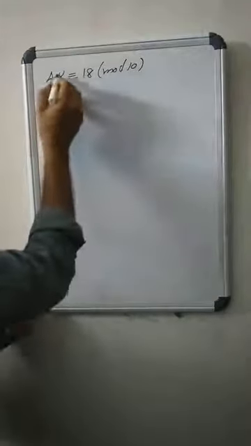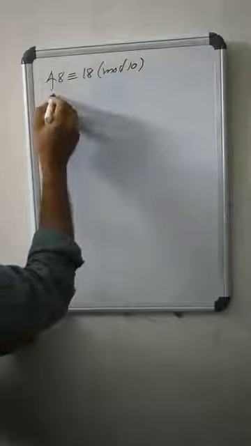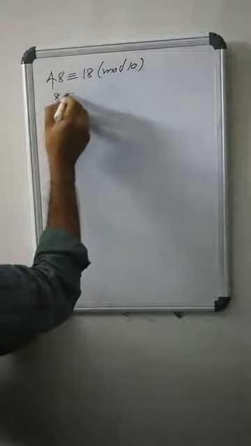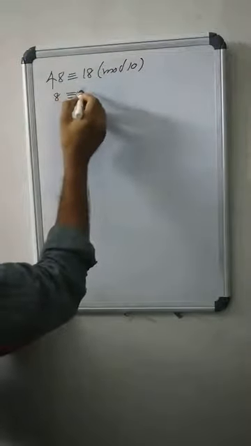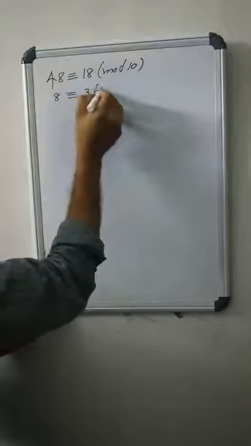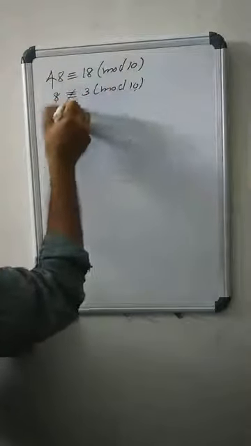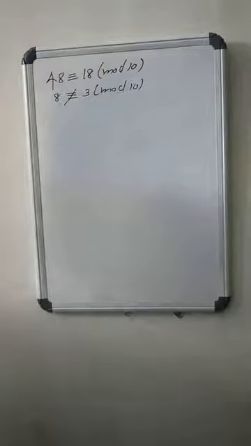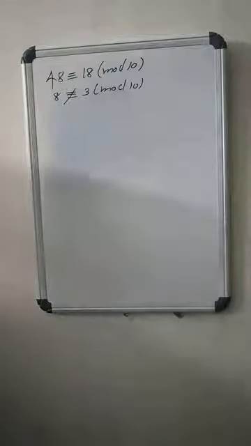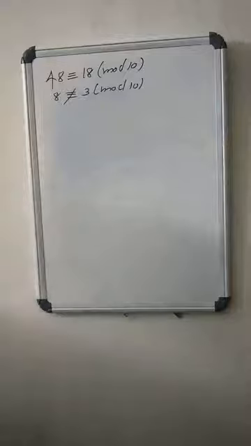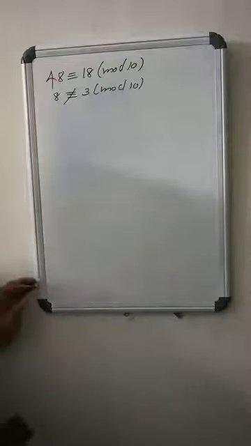Here 6 is the common factor of both sides of this congruence. If we cancel it, we get 8 congruent to 3 mod 10, which is wrong. So it is non-congruent to 3 mod 10, which means the cancellation of non-zero terms from both sides of the congruence is not possible.